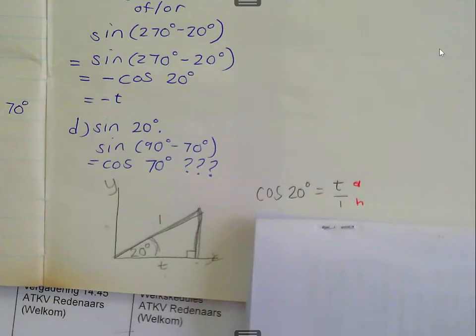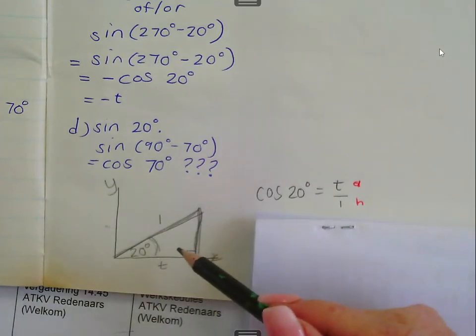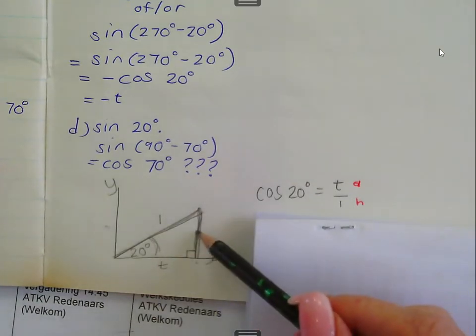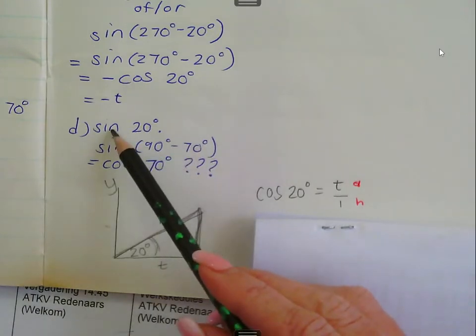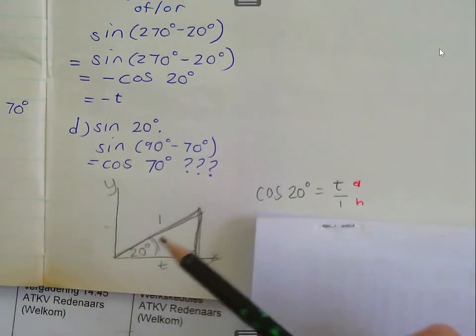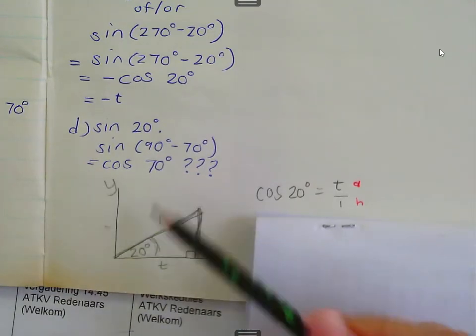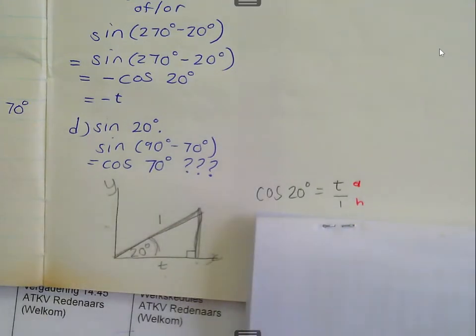Do you know of a method that can help us to calculate an unknown side? Now the reason, let me just give you the reason. The reason I want this unknown side is because I want the sin of 20, and sin is opposite over hypotenuse. Even if I use the cos 70, very important to take note of this.